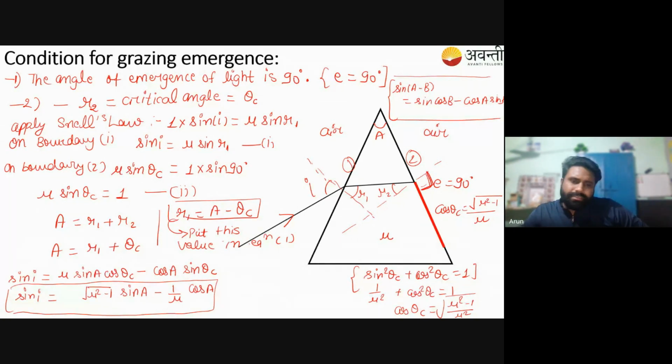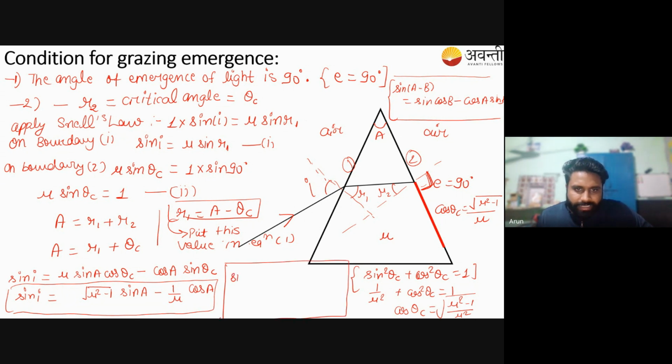You can do some modification in that. What you can do, you can take the sin A as common, so you will have square root of mu square minus 1 minus 1 upon mu cot A. So that would be the simplification. Only one trigonometric ratio you have in the equation. So I'm writing it here for the modification part.